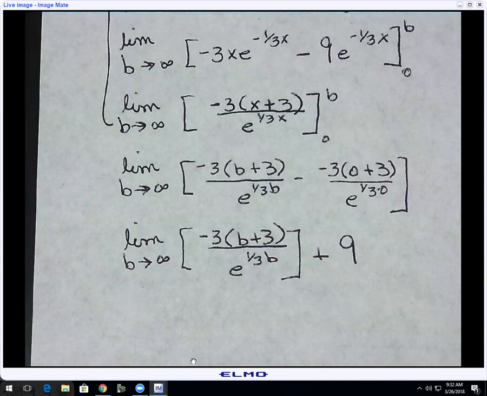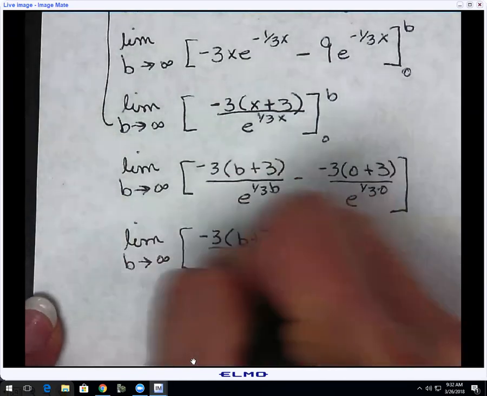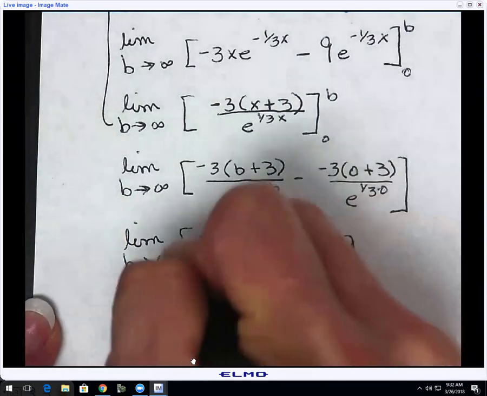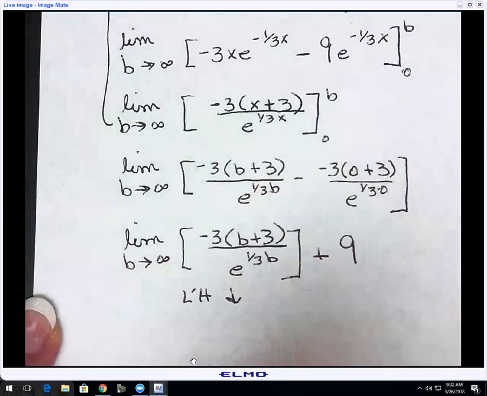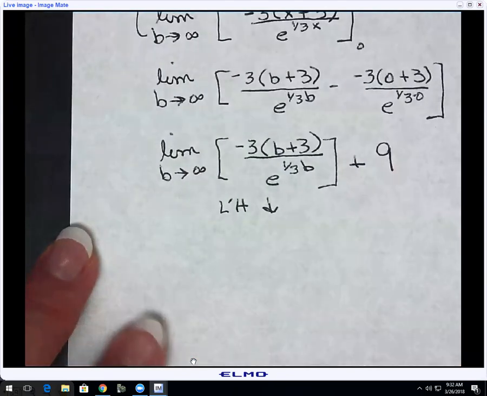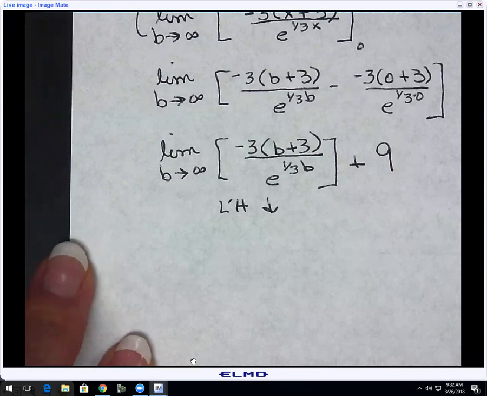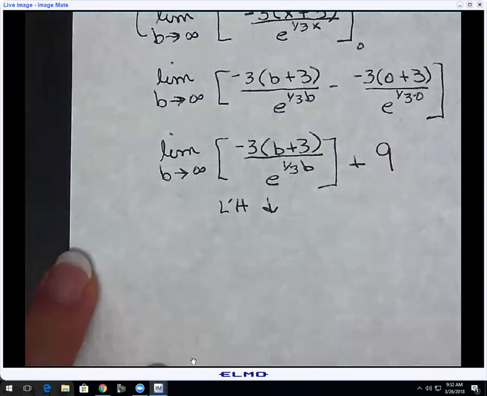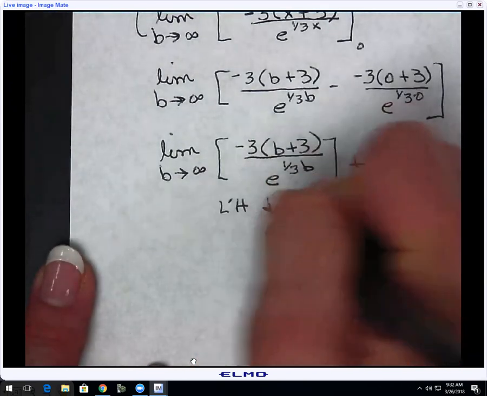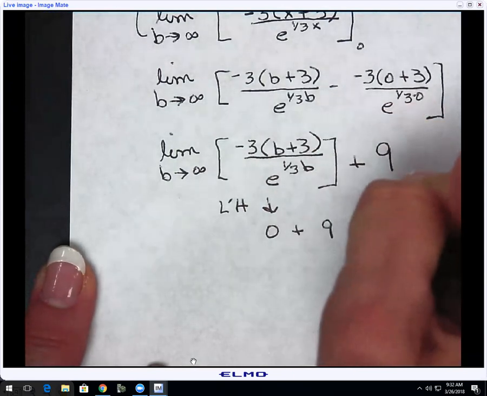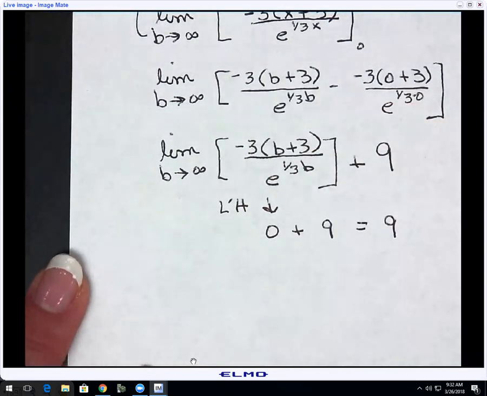Anytime you have a polynomial over e to a power, and that power is getting bigger and bigger and bigger, I'm just going to make myself this little note by L'Hopital's rule. I started to call it LaHop. I didn't say LaHop. L'Hopital's rule. That's 0 plus our 9 is 9.